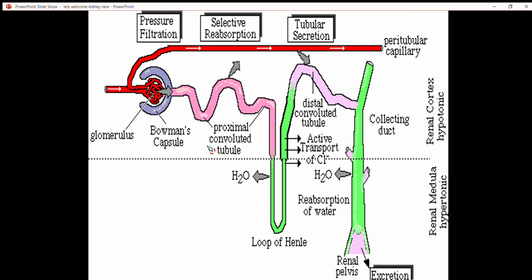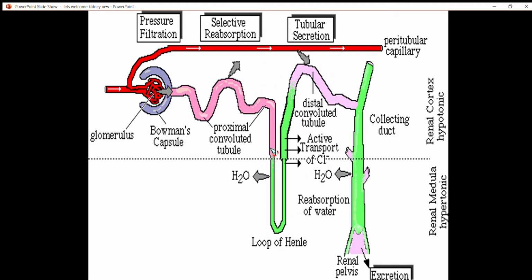This dotted line demarcates the cortex above. Here you see the renal cortex above, and below this you have got the renal medulla. This is a hypotonic area. We will see later on why this is hypotonic. There are more solutes and more salts over here, and less salts over here.